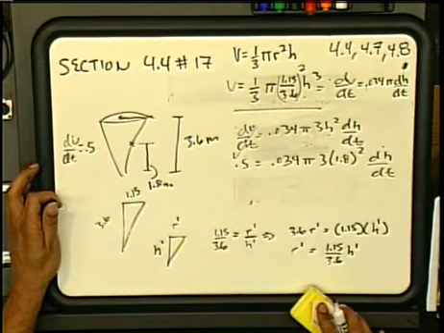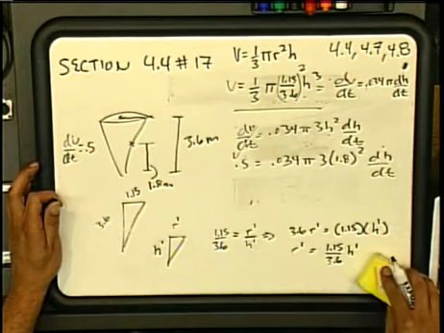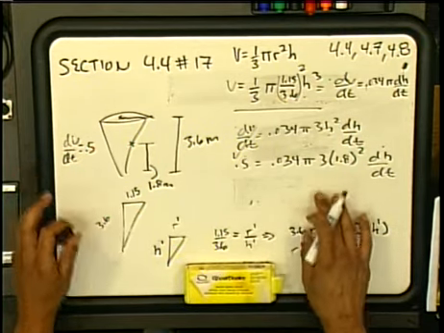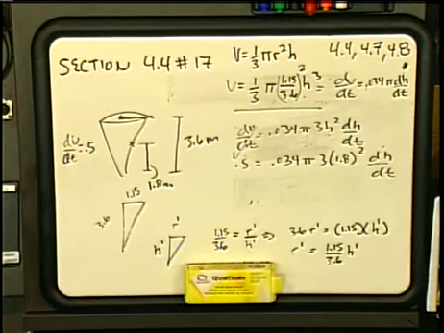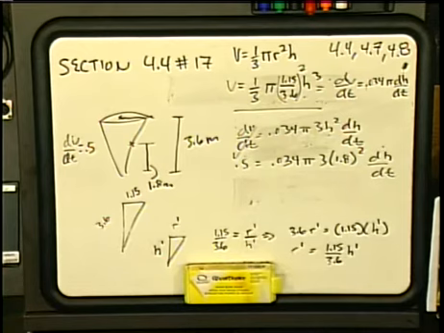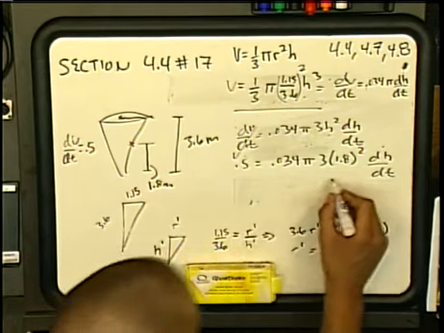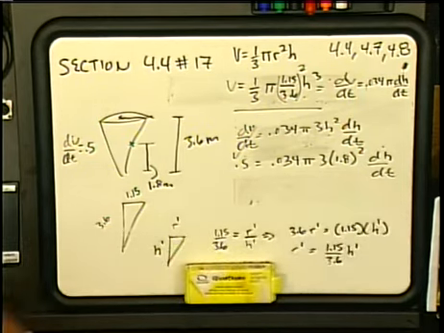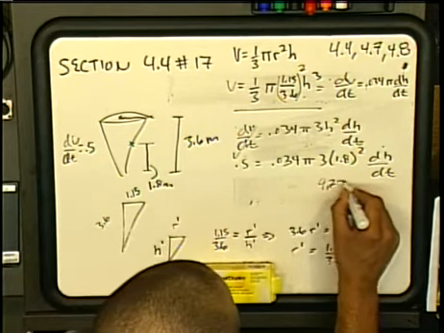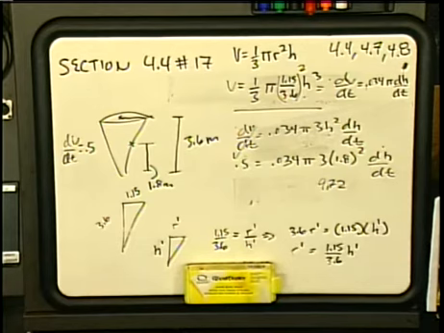Let's solve 1.8 squared times 3, which is 9.72, times 5 times 0.034.